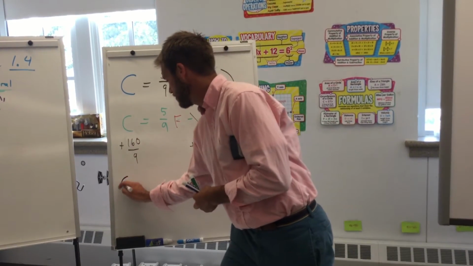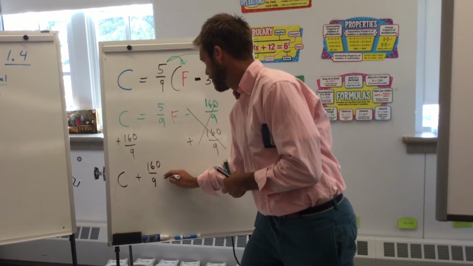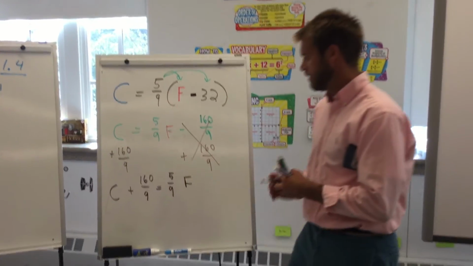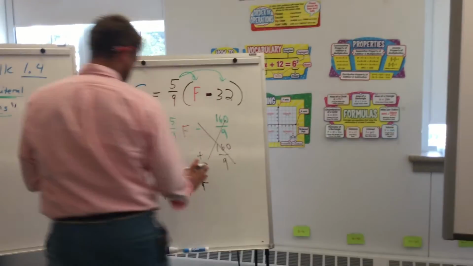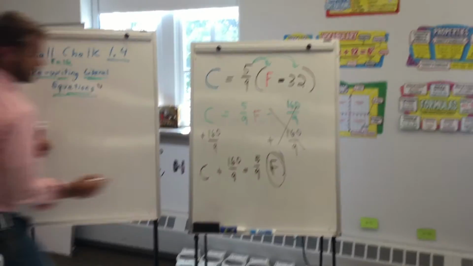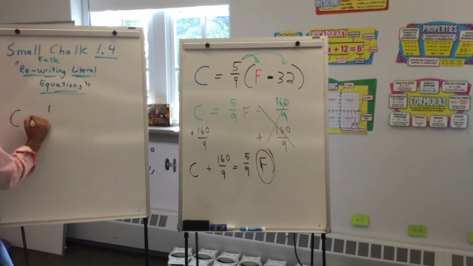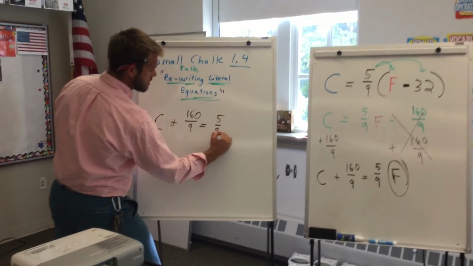Okay, I've got C plus 160 over 9 equals 5/9 F. Now at this point I'm going to transfer over here for a second. I know it's a little bit confusing. Our goal is ultimately to find F by itself. So I have C plus 160 over 9 equals 5/9 F.